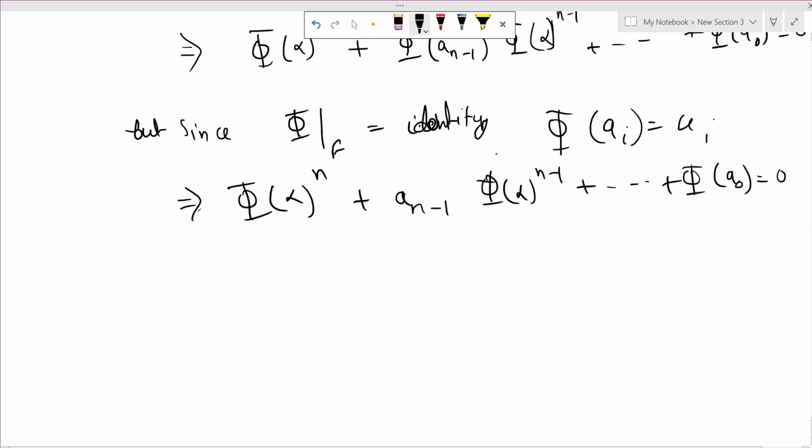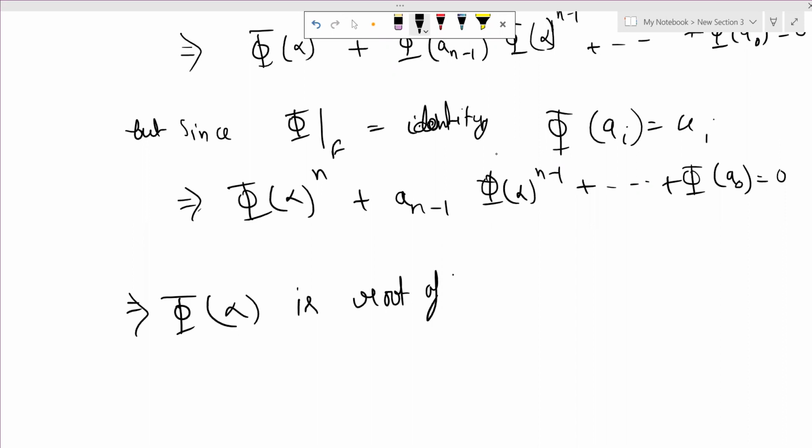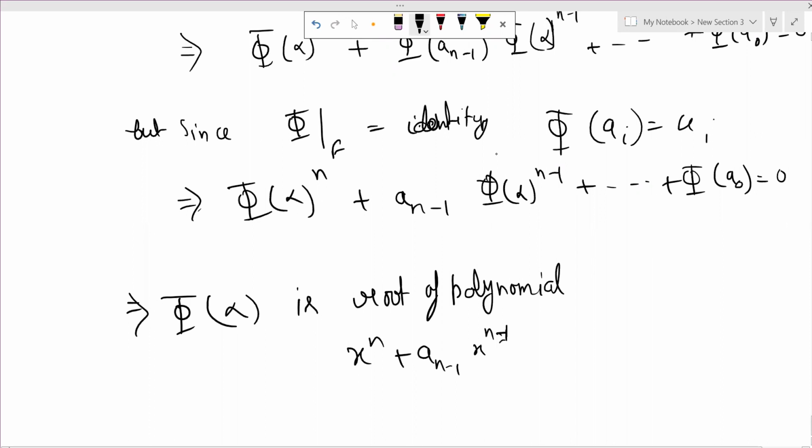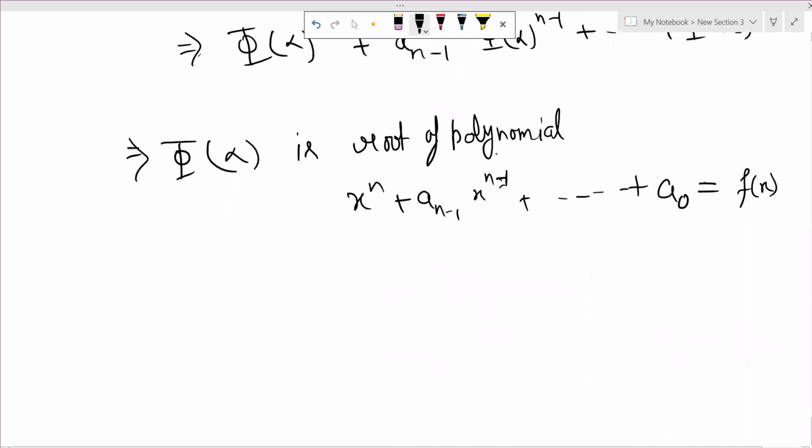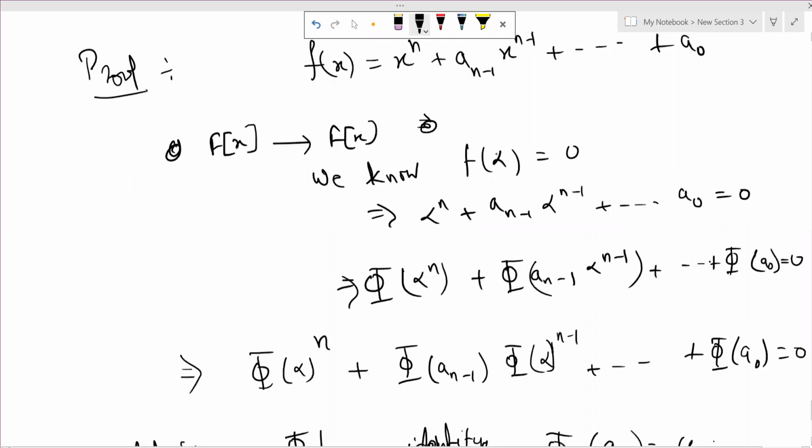This implies phi(alpha) is a root of the polynomial x^n + a_{n-1} x^{n-1} + and so on + a_0, which is the same as f(x). So what did I prove? If alpha is the root of a polynomial, then phi(alpha) is also a root of the polynomial. Okay, so apply this here.